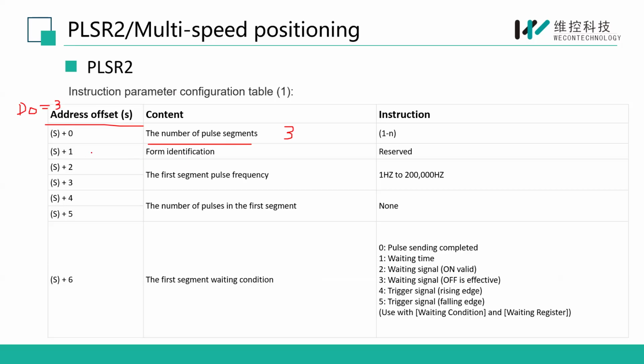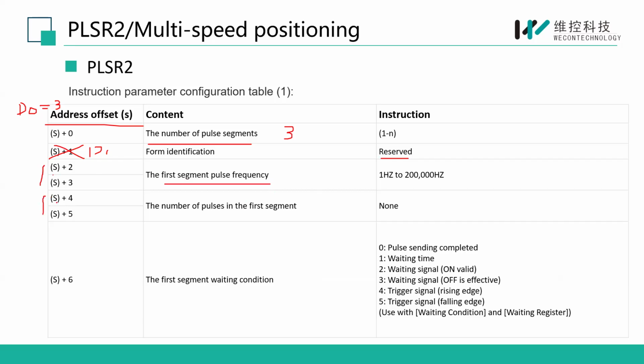And D1 is reserved, so we can ignore this parameter. D2 and D3 mean the first segment pulse frequency. So this is the speed.